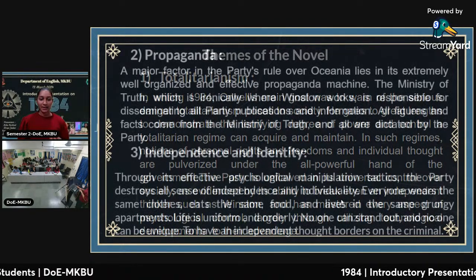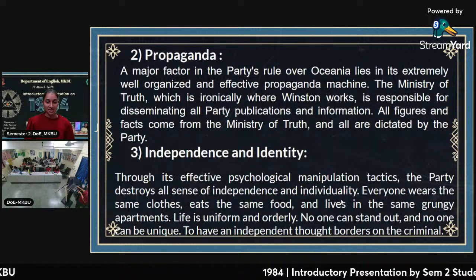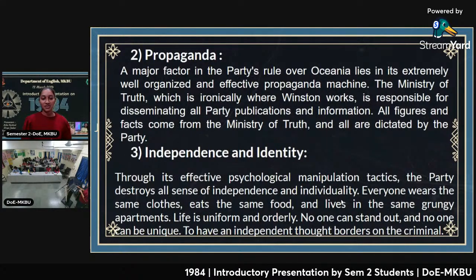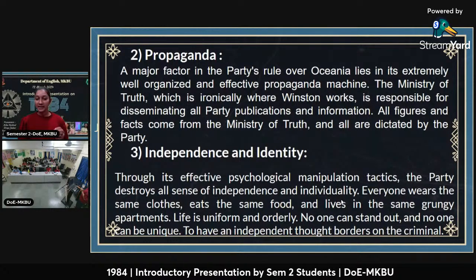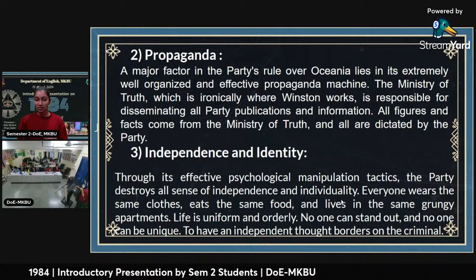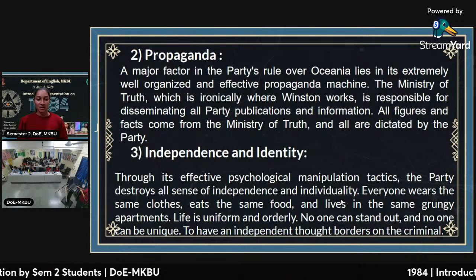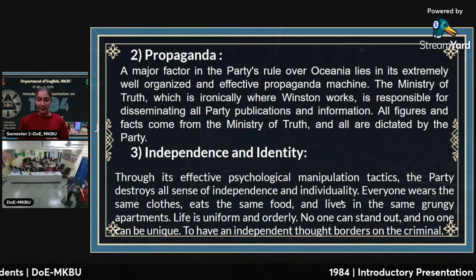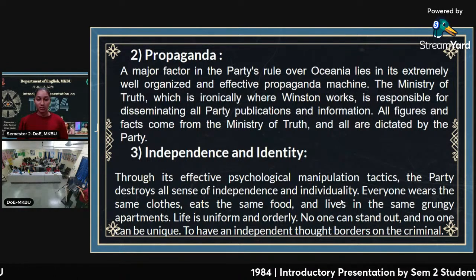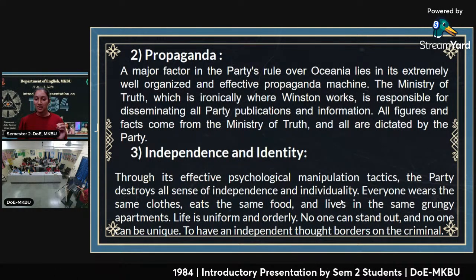Second one is propaganda. This is a major thing we find in the novel, a major factor in the party's rule. The party's rule over Oceania lies in extremely well organized and effective propaganda machines. In the novel we find four ministries.